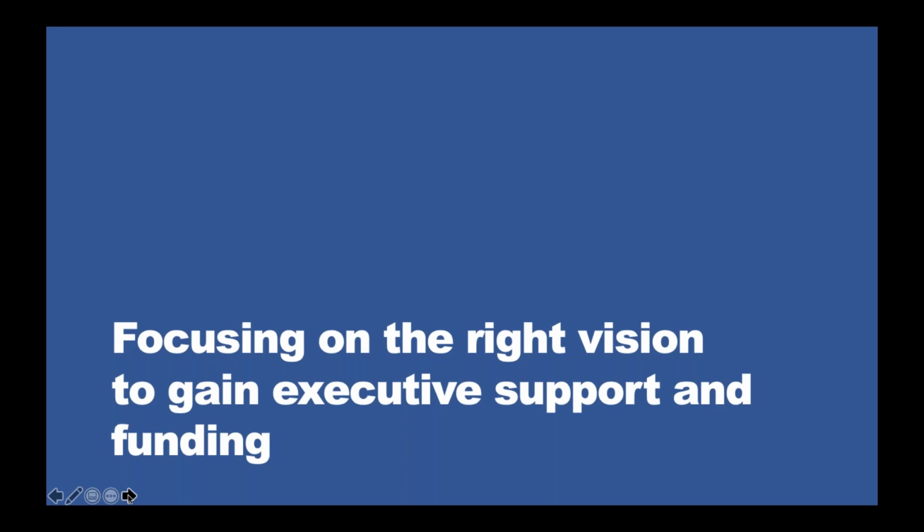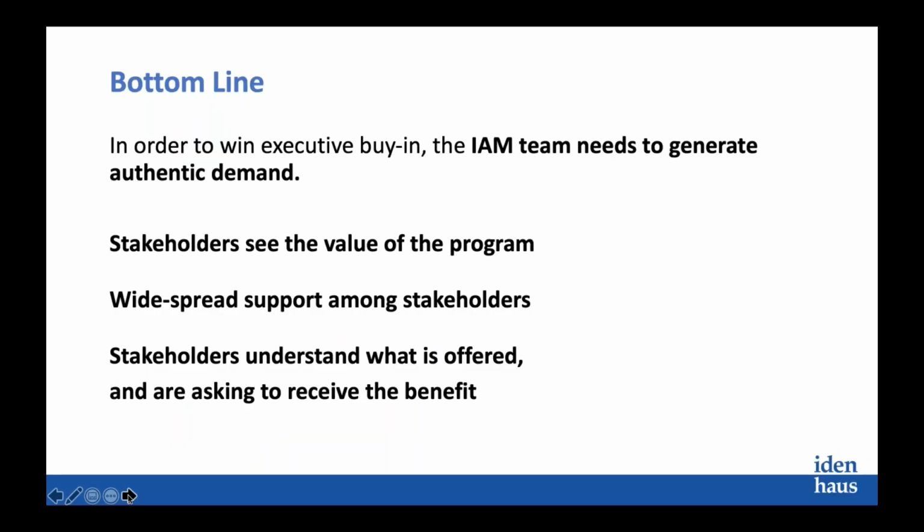The next key benefit, focusing on the right vision to gain executive support and funding. When it comes to the bottom line, your IAM program needs to have widespread support. So how do you get all the stakeholders to see the value in the program? You go through the roadmap process using the methodology to identify requirements and opportunities.